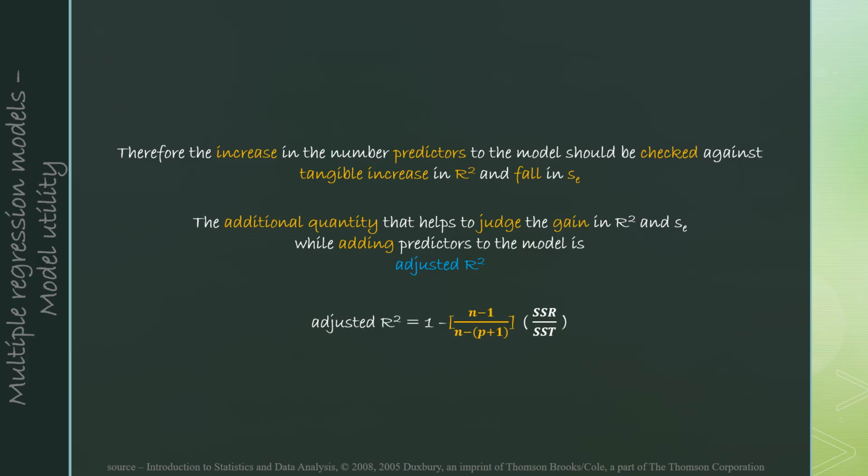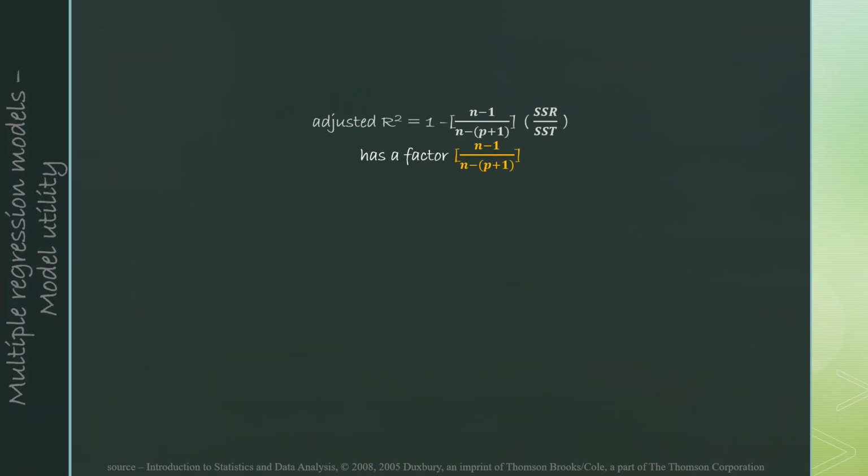Adjusted R square equals 1 minus n minus 1 divided by n minus p plus 1 multiplied by SSR divided by SST. Adjusted R square has a factor n minus 1 divided by n minus p plus 1. n minus 1 divided by n minus p plus 1 is always greater than 1, and increases as the number of predictors p increases.